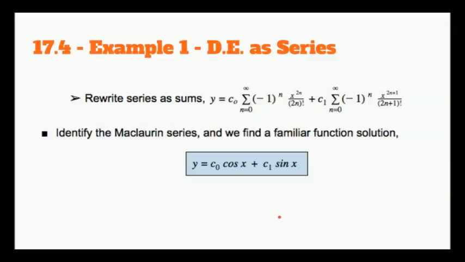So now we rewrite the series as sums. We get y equal to c0 times the summation of negative 1 to the nth power from 0 to positive infinity, plus c1 times the summation of negative 1 to the nth power times x to the power of 2n plus 1 over 2n plus 1 factorial from 0 to positive infinity.